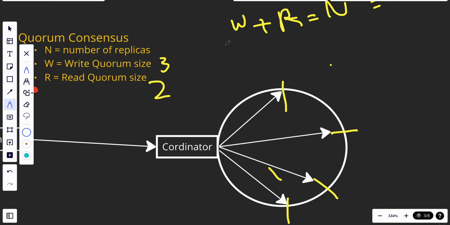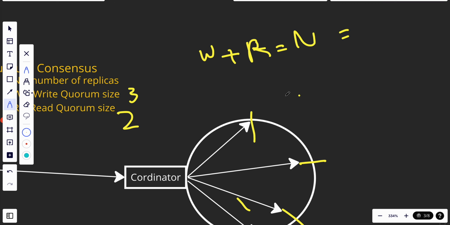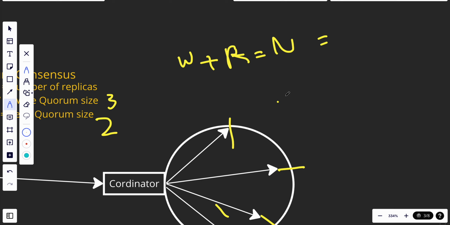When W is high, the coordinator waits for the slowest third successful response to make sure this operation is right or not. Otherwise, if W is 1, the latency is super fast, but consistency has a problem because we only accept 1. So we make a trade-off between latency and consistency.